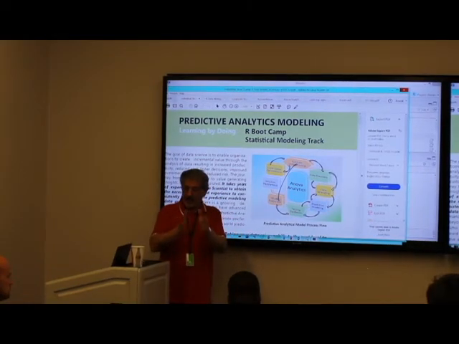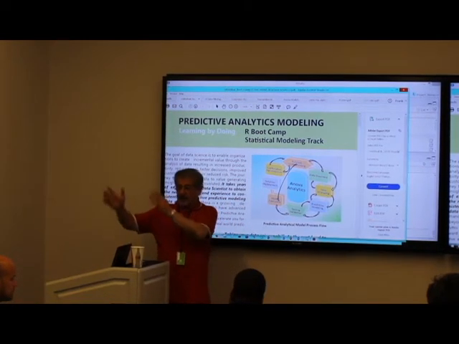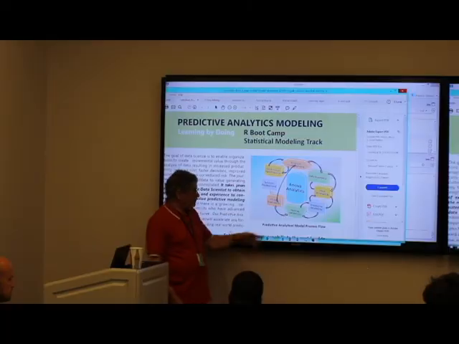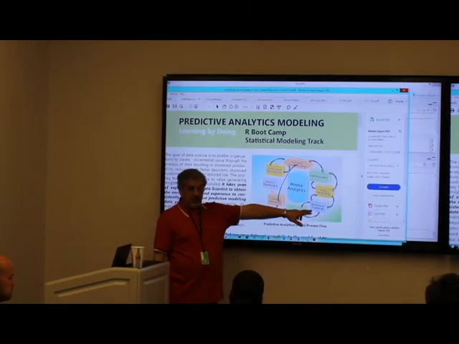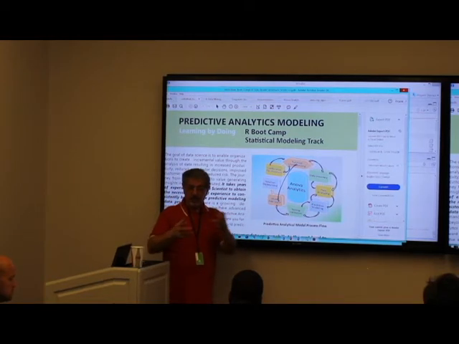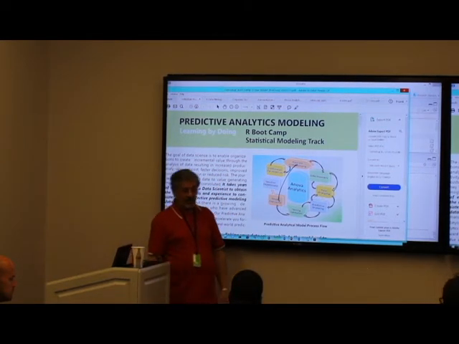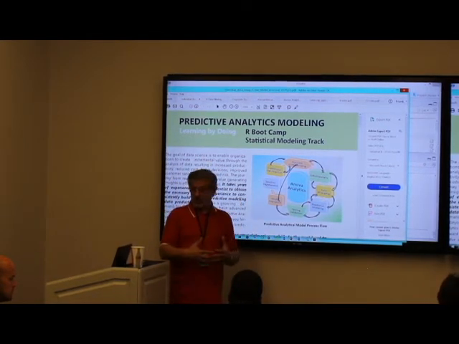You set your data how you want to sample it. There's training, test, cross-validation, etc. And you build the models, not one, many models, because you're going to try maybe linear regression, maybe logistic regression, etc. And you compare them.